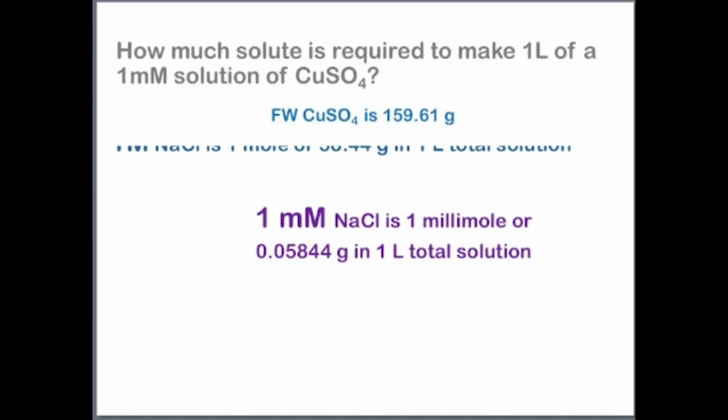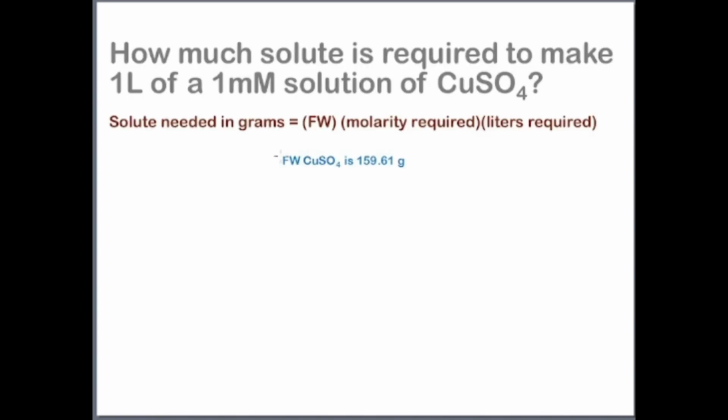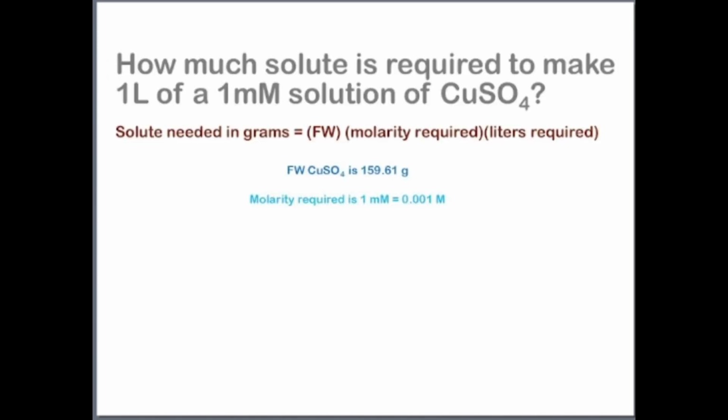So how much solute is required to make 1 liter of a 1 millimolar solution of copper sulfate? The formula weight of copper sulfate is 159.61 grams. Well, let's take a look at that. Again, we can plug into the handy dandy formula. The formula weight is the first thing we plug in, times the molarity required.